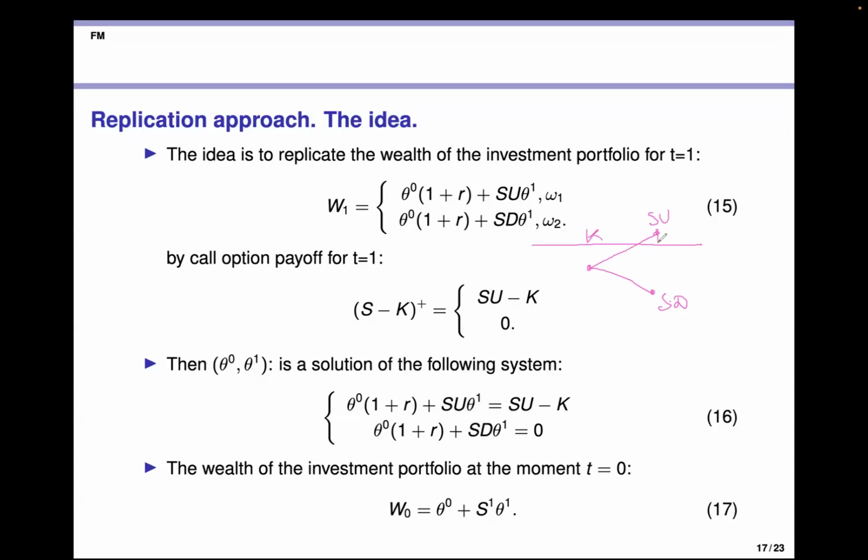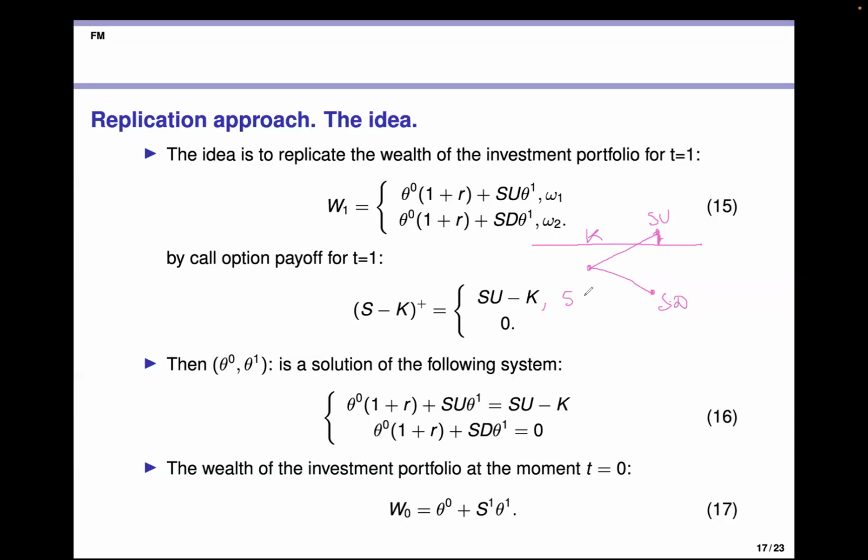So this is our profit. We get this profit in which case? If SU is more or less than K? Positive profit, more. Okay, thank you.